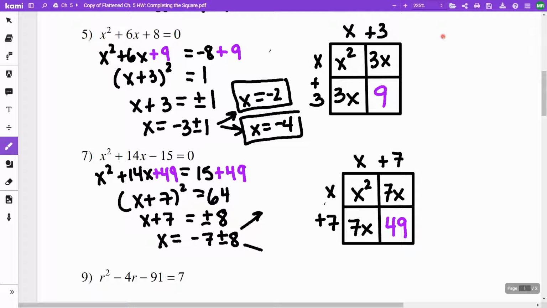Again, getting nice answers. It was a 64 on the other side, which is a perfect square. It's rational answers. Could have been factored, practicing completing the square. x is equal to negative 7 plus 8 is going to be a positive 1. Negative 7 minus 8 is going to be a negative 15.